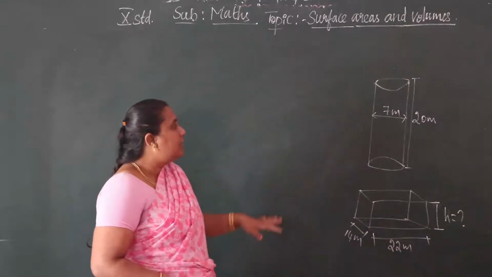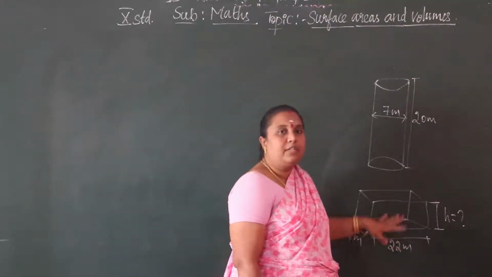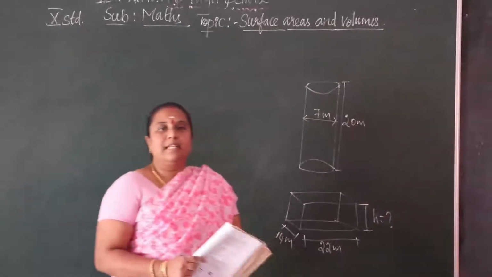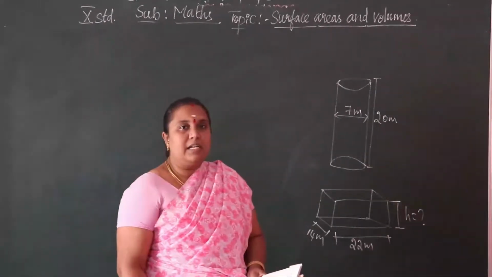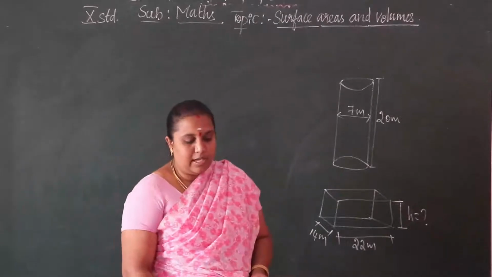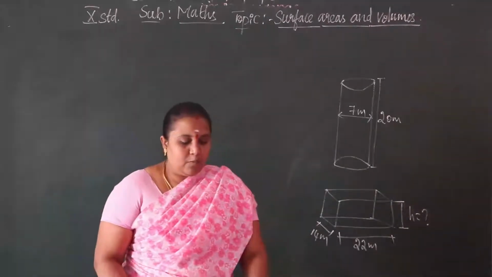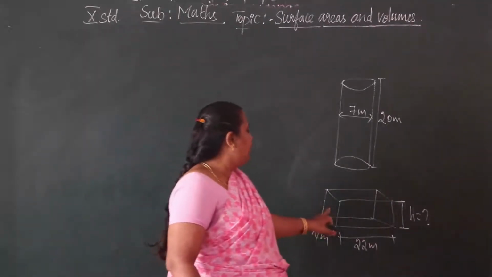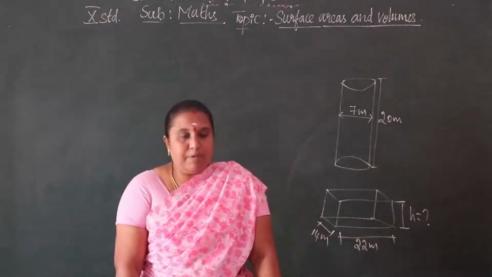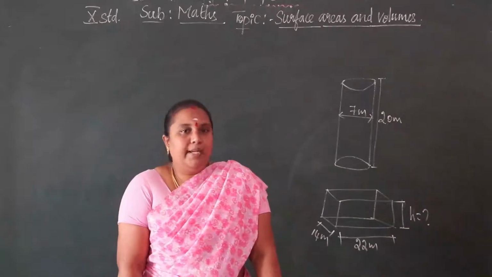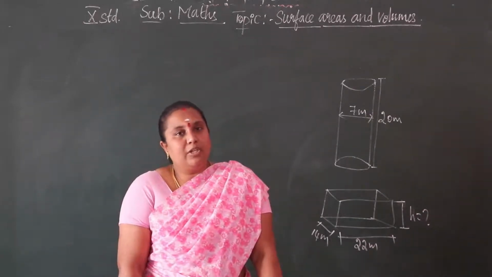For this we have to compare the volume of these two shapes. So volume of cylinder equals volume of cuboid. First we compare the volume of the cuboidal platform. The formula for volume of a cuboidal platform is L into B into H, length into breadth into height.